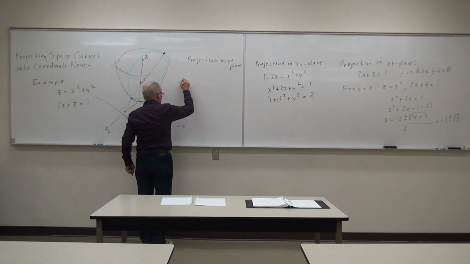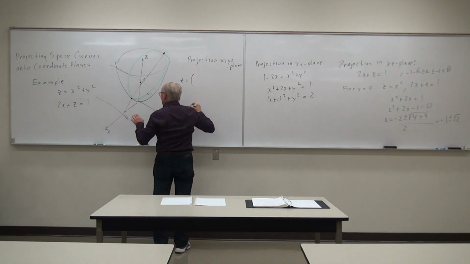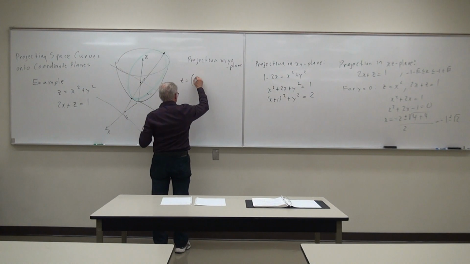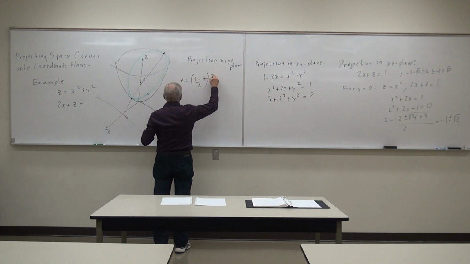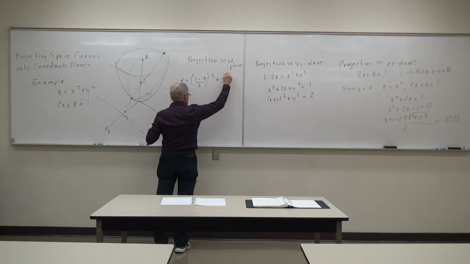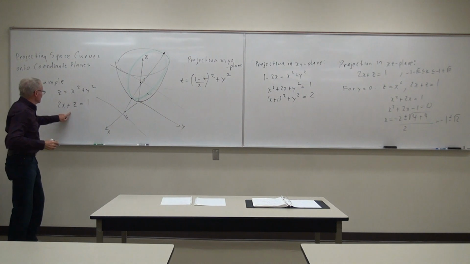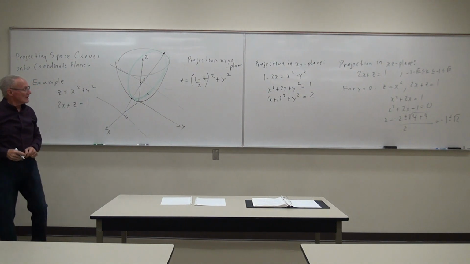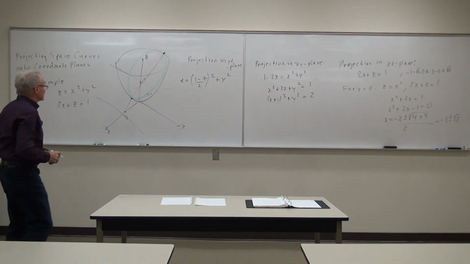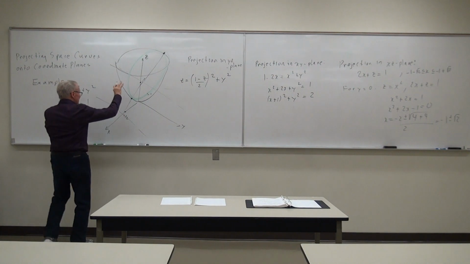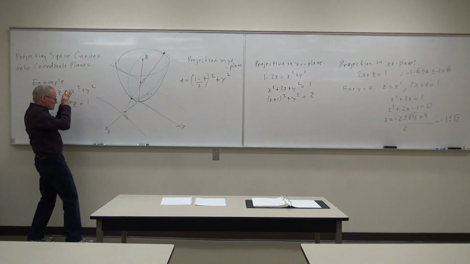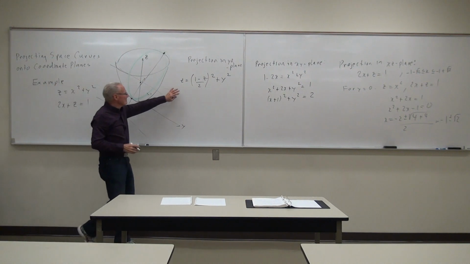So z would be equal to, solve that for x, (1 minus z) over 2, squared, plus y squared. Solve this for x, (1 minus z) over 2, put it in here, squared. There's the curve intersection in the yz plane. So visualizing, taking this thing and projecting it onto the yz plane. What's that?